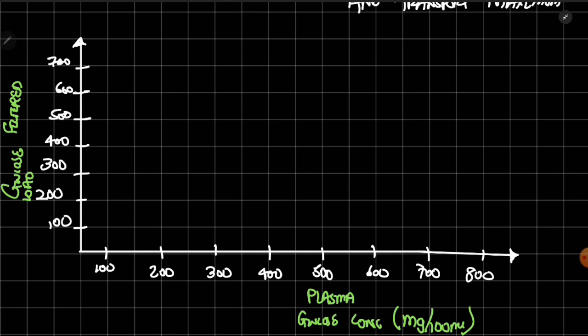Now tell me one thing. We start from 0. This red line determines the filtered load.